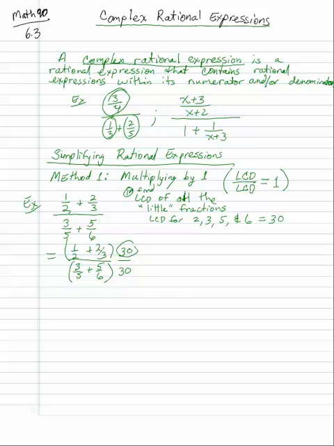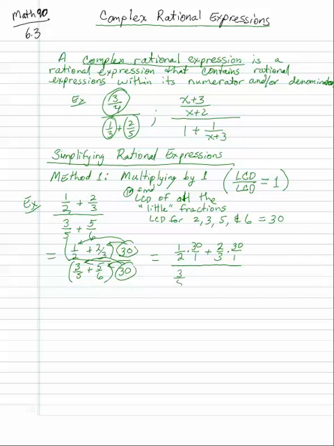You're going to take this 30 and distribute it to both terms. The beauty of this technique is that since we're multiplying by that LCD, we know for sure that it's going to cancel all the denominators for each of the little fractions. And we do the same on the bottom, distribute.